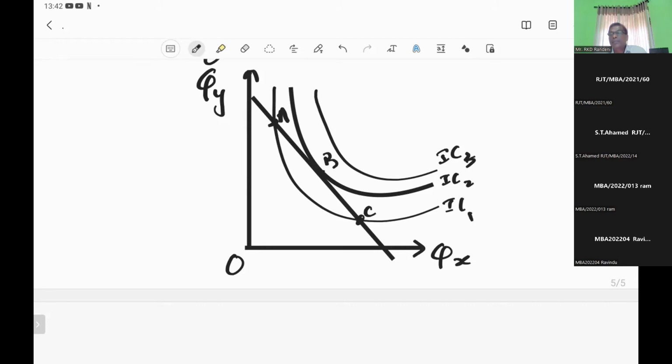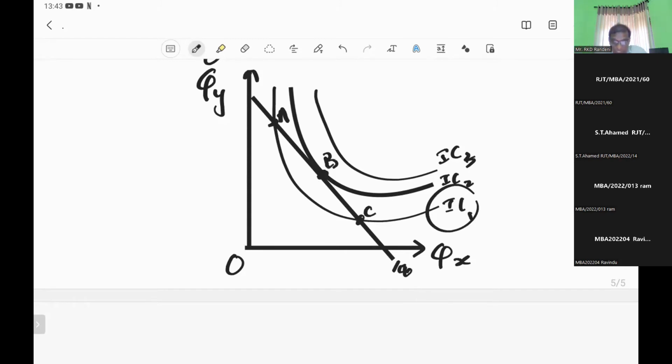Which one is the utility maximization point? B. B, yes. Then here assume that the budget is 100, then with 100 you can reach point A, point C. This is related to indifference curve 1, but point B is related to indifference curve 2. That is, a higher level of indifference curve gives a higher level of satisfaction.